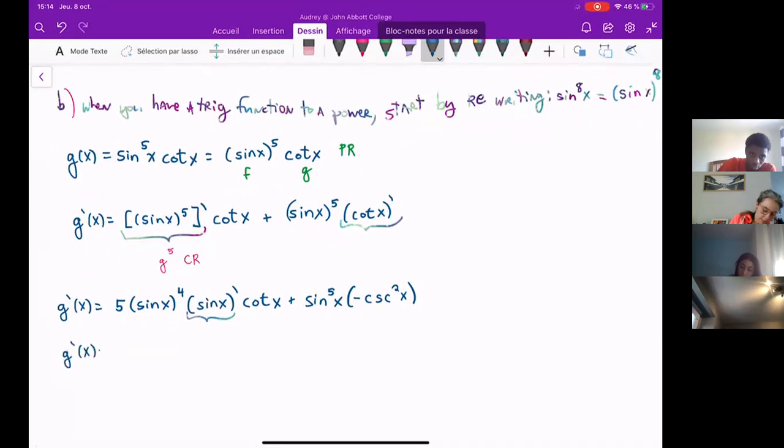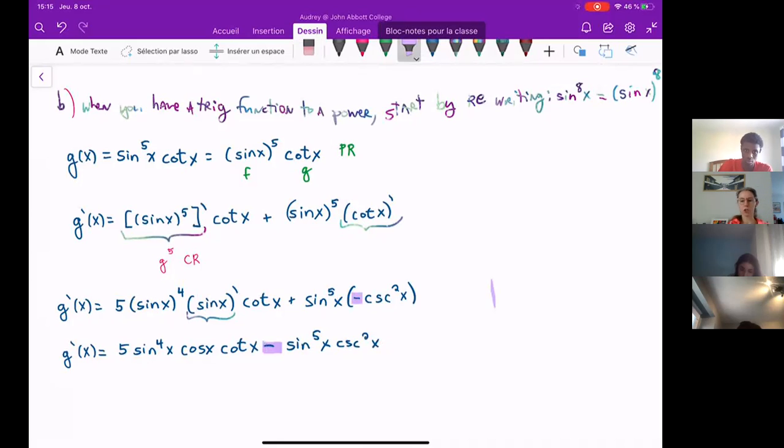G prime of x is 5 sine to the 4th of x times cosine of x times cotangent of x plus sine to the 5th of x times cosecant squared x. And I'm actually going to take that minus and move it to the middle. And I'm going to highlight that to show we can do that. That minus can just change the sign out front there because it's all multiplication.